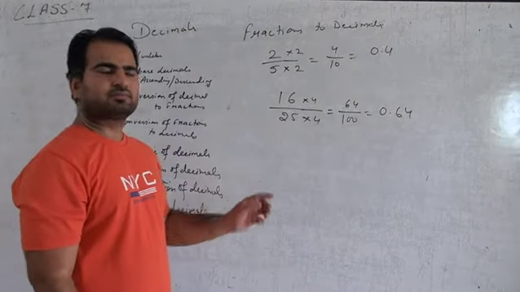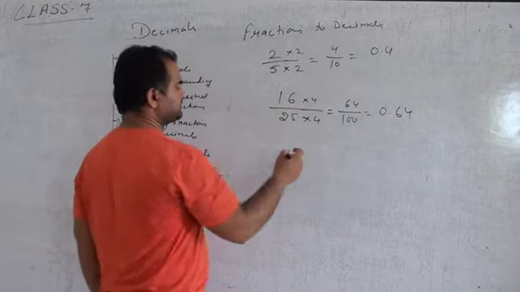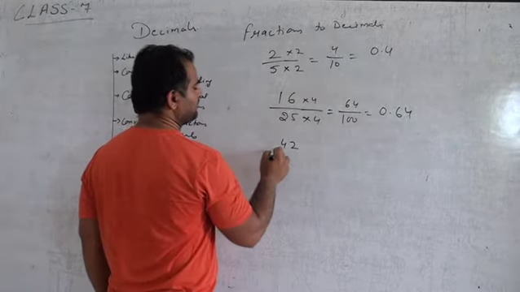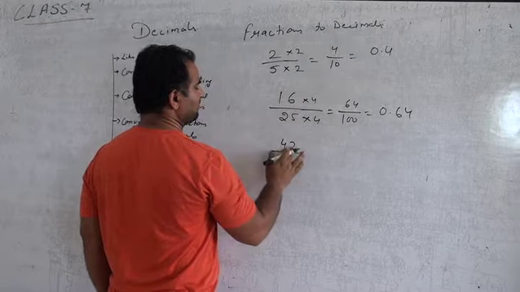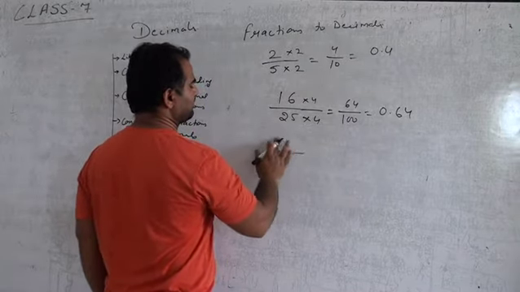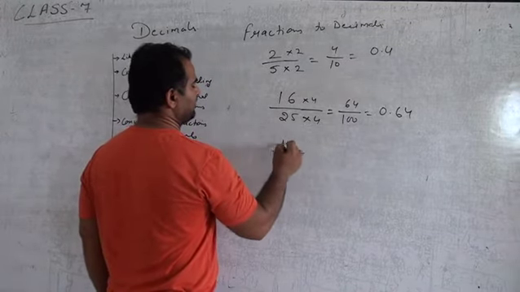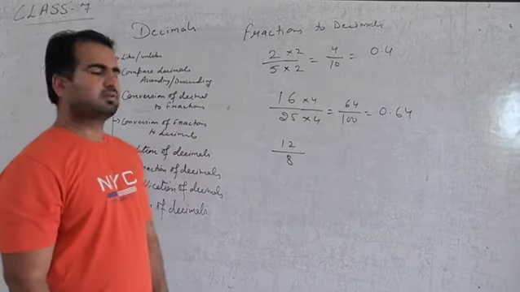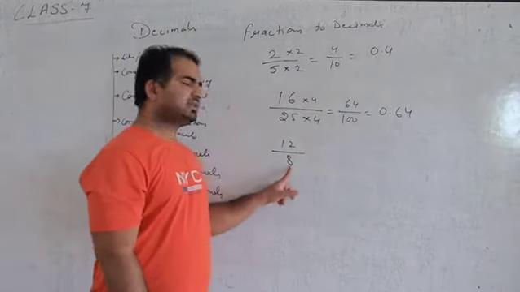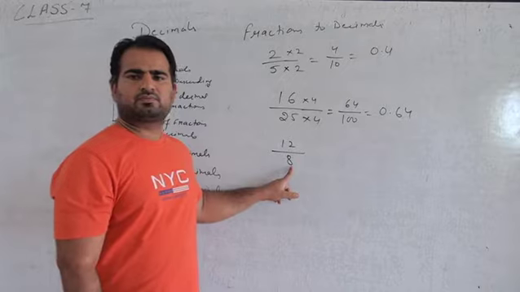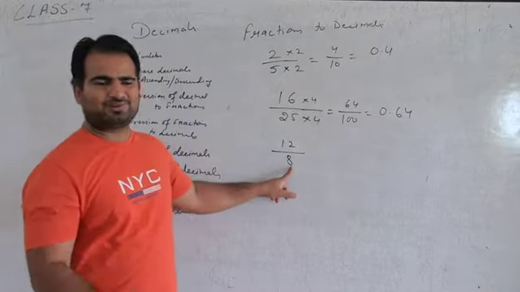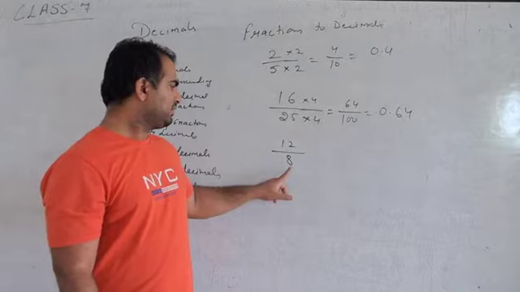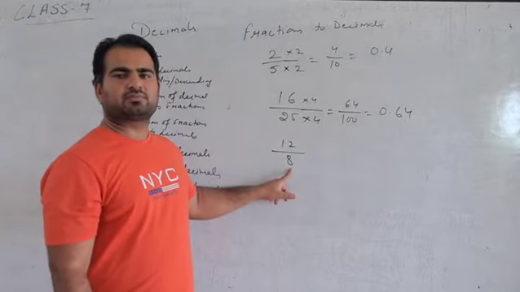Is it okay? Okay, the next question is 12 upon 8. Done? Can we convert this 8 into 10? No, you can't, you would have to multiply by some number. So we cannot make it 10.